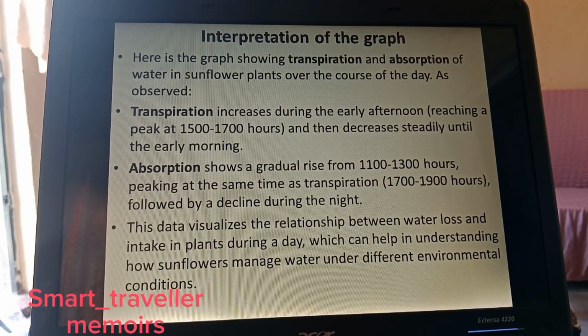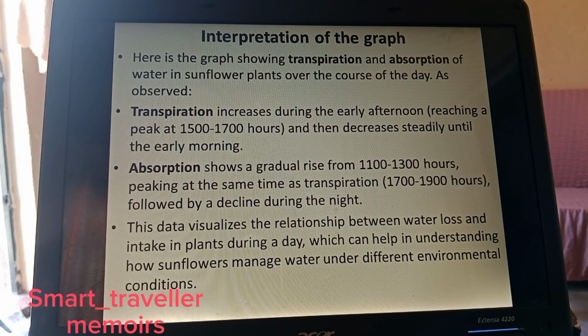Interpretation of the graph. Here, the graph shows transpiration and the absorption of water in sunflower plants over the course of a day as observed. Transpiration increases during the early afternoon, reaching a peak at 15:00 hours, and then decreases steadily until the early morning.